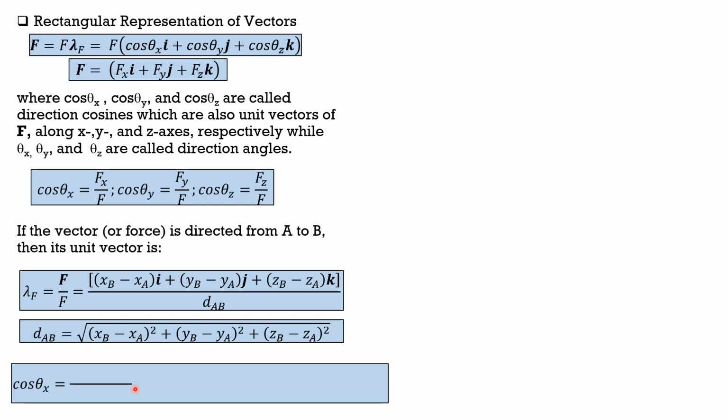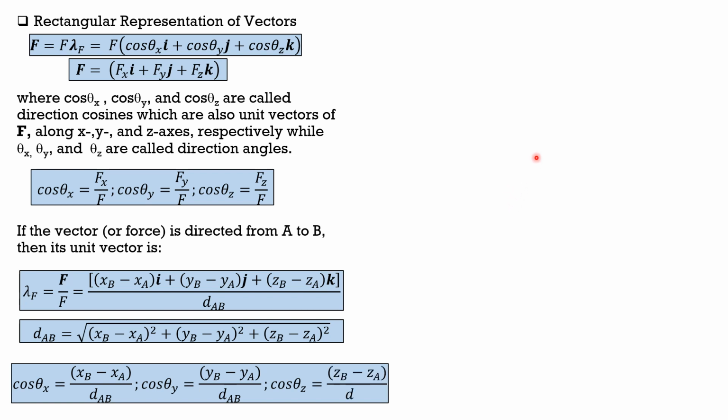Then cosine theta x is simply xB minus xA over distance AB. Cosine theta y is delta y, or yB minus yA, over distance AB. And cosine theta z is zB minus zA over distance AB.